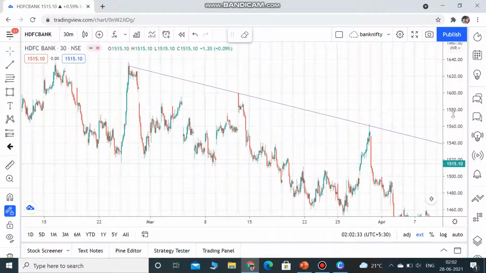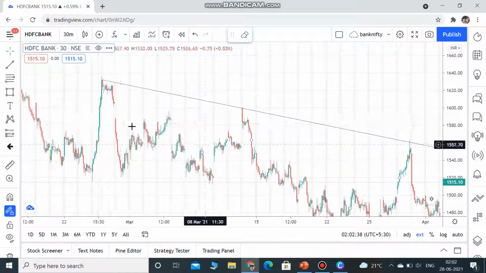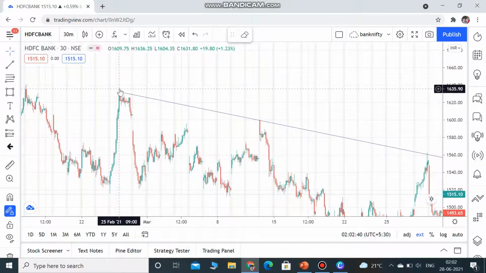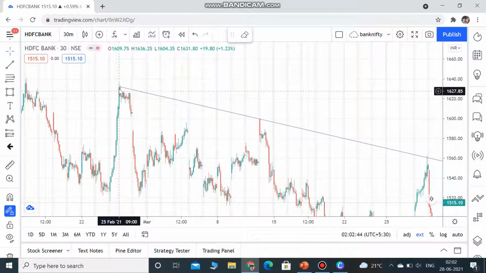For a better result, you don't have to connect all the points, but it is always better to connect with the highs or the wick, or to the lows or where the candle has completed, just like this and like this.